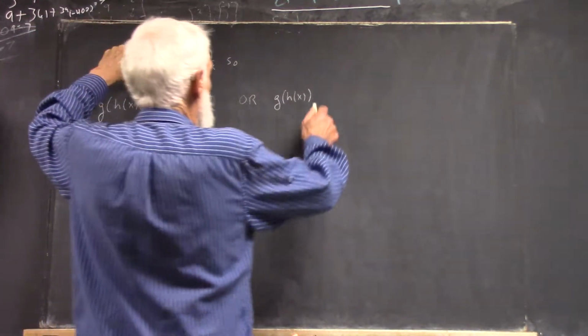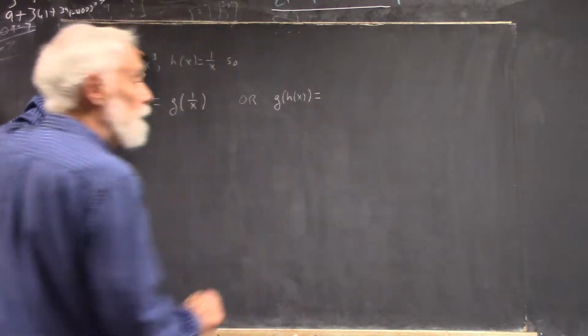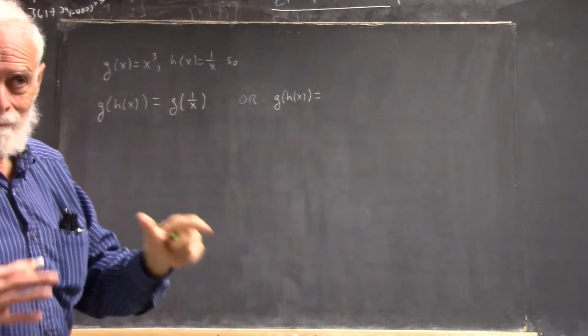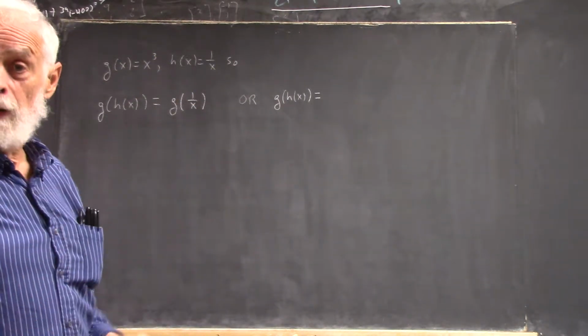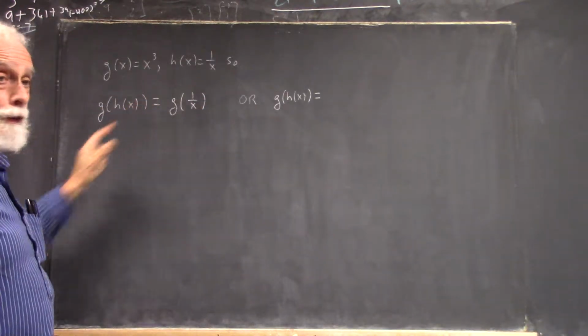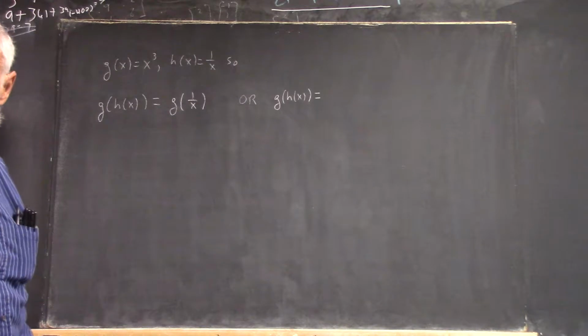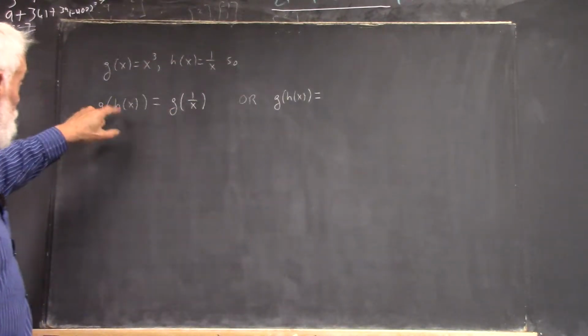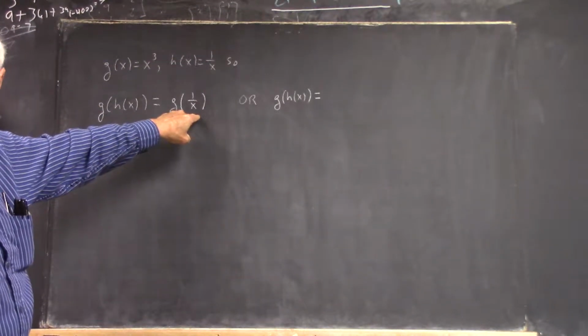To avoid confusion, we do the simplest possible thing we can do. Now, there are two choices for the simplest possible thing. h of x is 1 over x, so where you see h of x, you can write 1 over x.